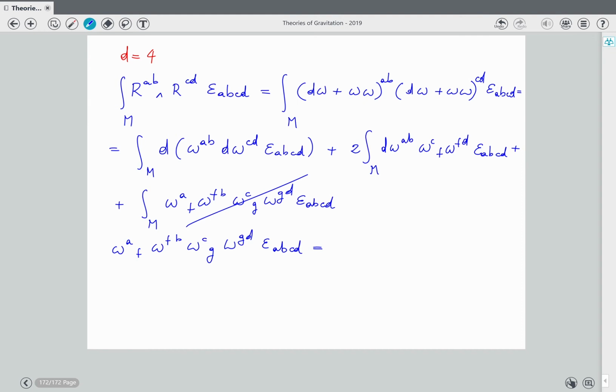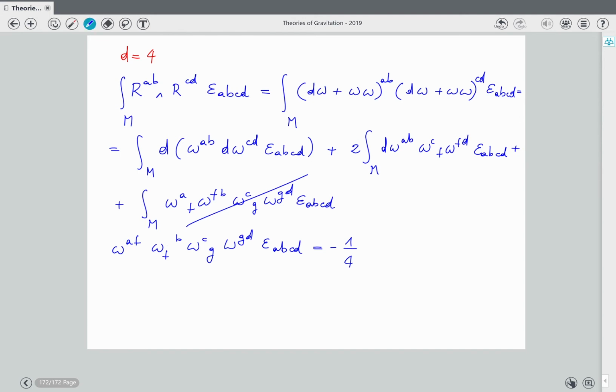One trick is to write one omega, the first one, as follows, by raising indices actually. So let me do that.